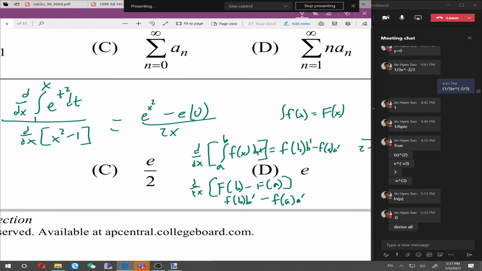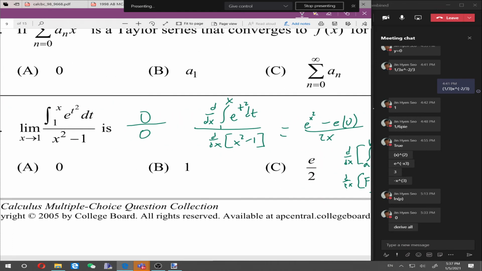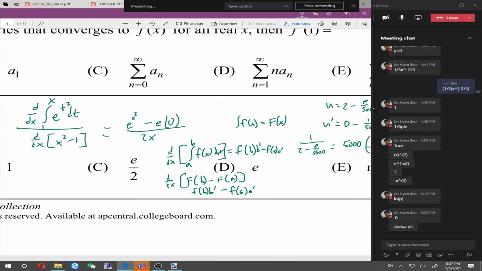2x. Okay, now I need to figure out what our limit was. We were approaching x equals 1, so we should be able to plug in our limit.